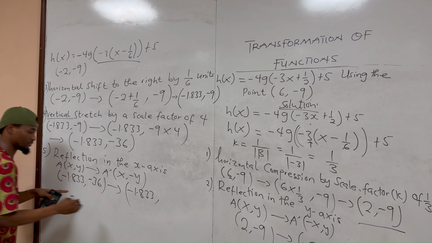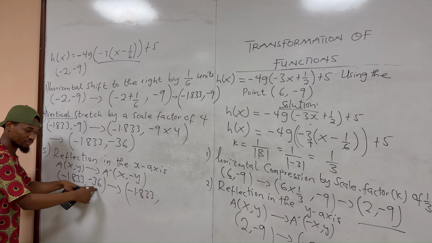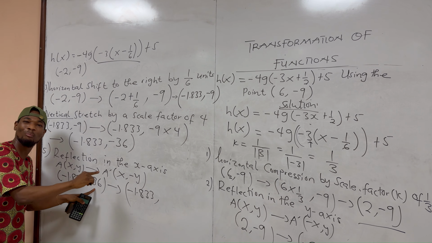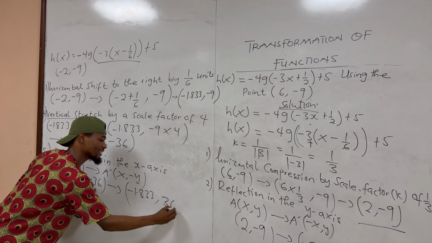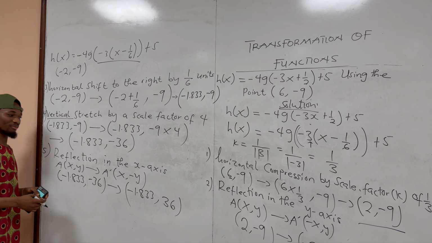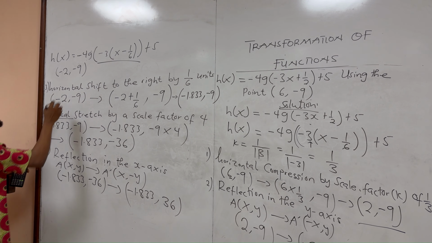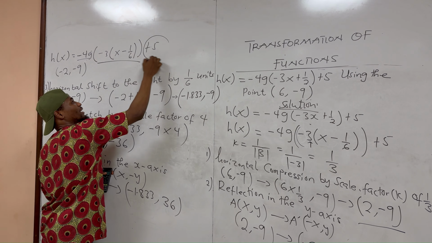Then comma, y was negative 36. I'll negate the y coordinate again. Now I'll get a positive 36. Viewers, am I done? Let's see. So I'm done with this. Then the last thing is I'll tackle this part.